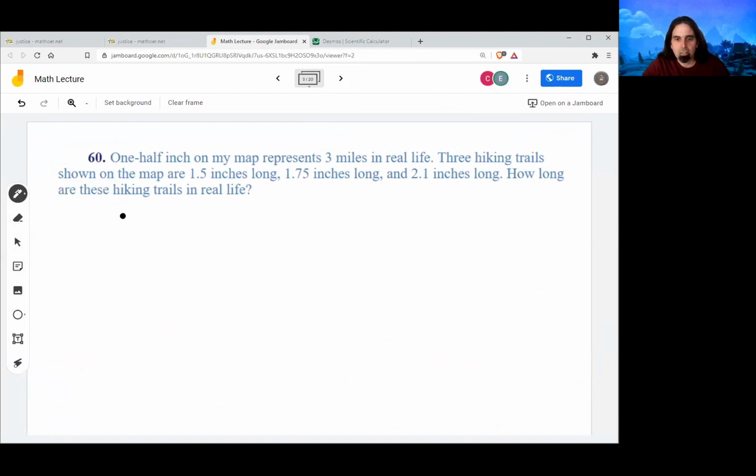And 1/2 inch is going to be 3 miles. So how do I get from inches on the map to real life miles? What am I multiplying by as my scale factor?